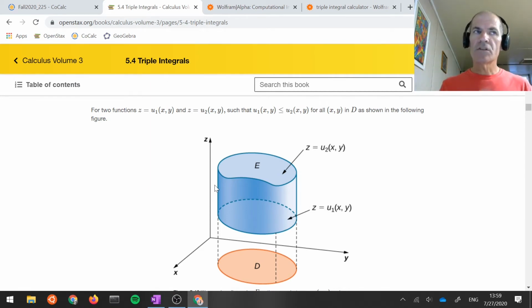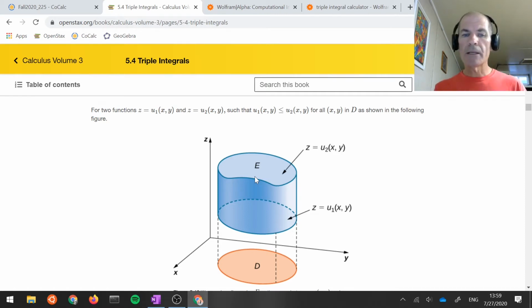And like we saw when we were doing double integrals over general regions, some of the sides of the region were described by functions, either of x or of y. Now we're going to be describing some of the sides of the volume by functions of x and y, or functions of y and z, and so forth.